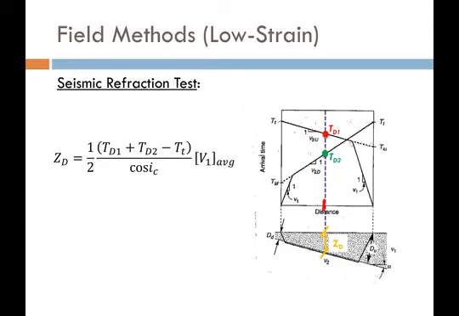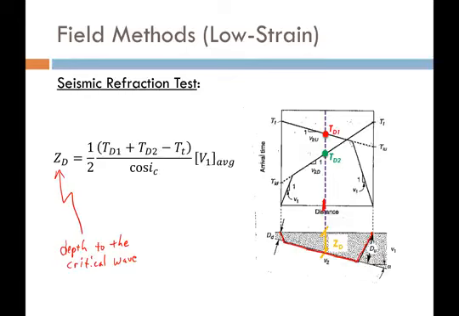So by the time you're done going all the way over, really what you need to understand with regards to Z sub D is that this really is the depth to the critical wave. Again, this is the wave that's coming down, hitting the second boundary and just traveling along the boundary, and then popping up as a head wave at the incident angle just in time to make it to our last receiver.